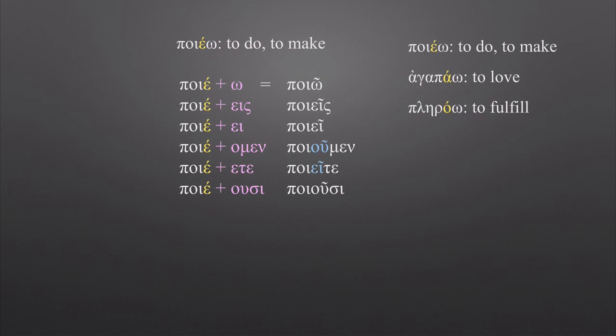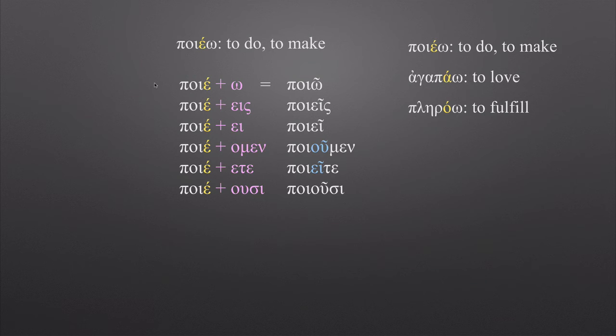One of the first things we talked about today is that these lexical forms that we learn, when we learn a new vocabulary word and it says poieo or agapao, that's not a form that will actually occur. That's not what the verb looks like when conjugated.